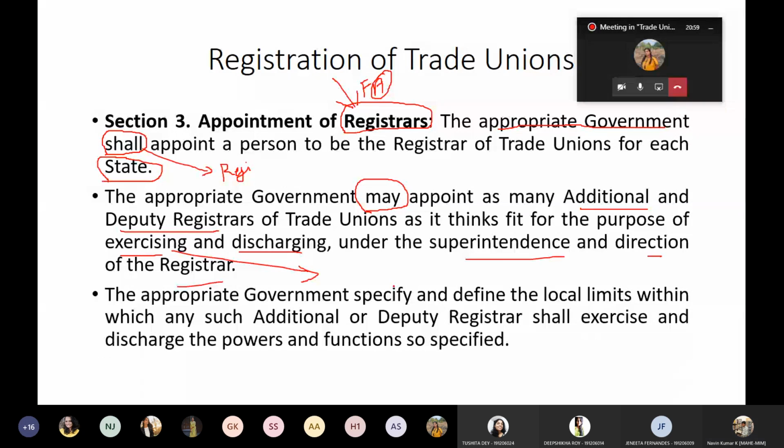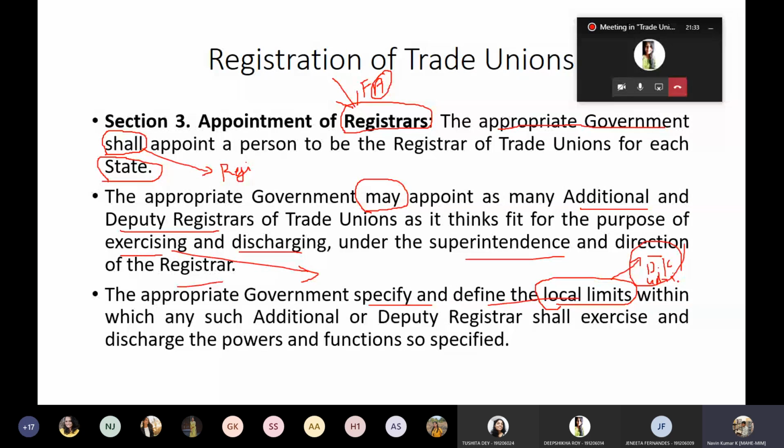The appropriate government specify and define the local limits within which any such additional or deputy registrar shall exercise and discharge the powers and functions so specified. Exactly. The appropriate government must specify and define the local limits. For example, appropriate government, say state government, appointed one additional registrar to both the districts, like the Dakshina Kannada and the Udupi districts, so they nominated the additional deputy.